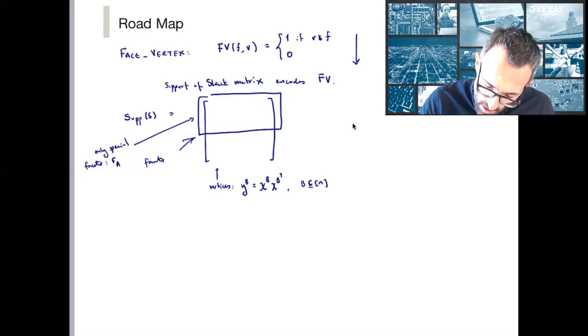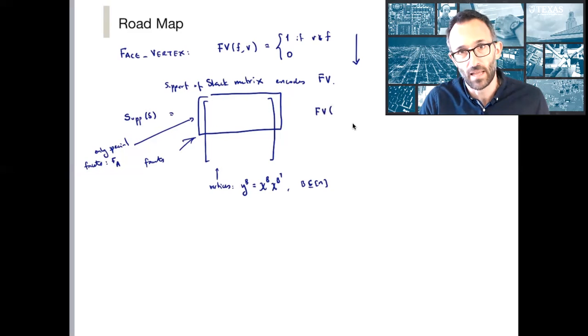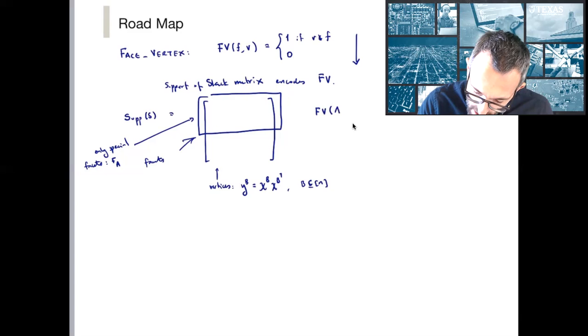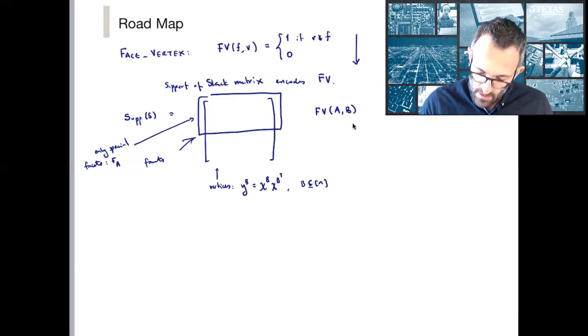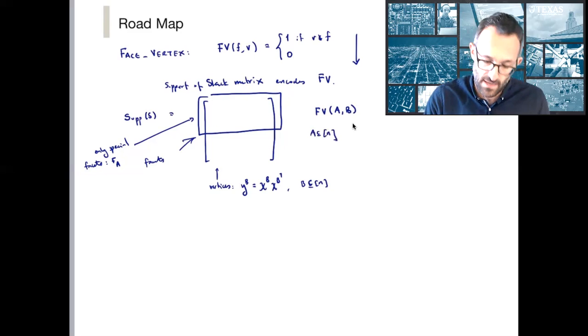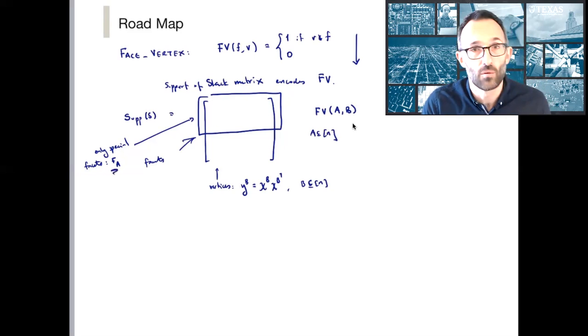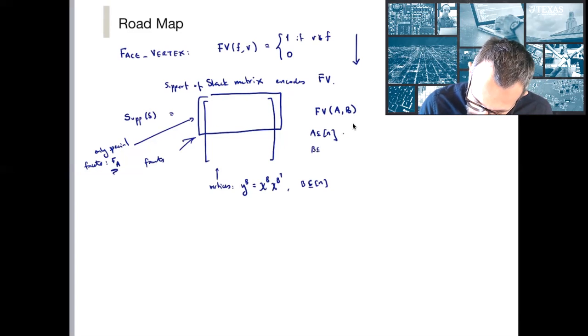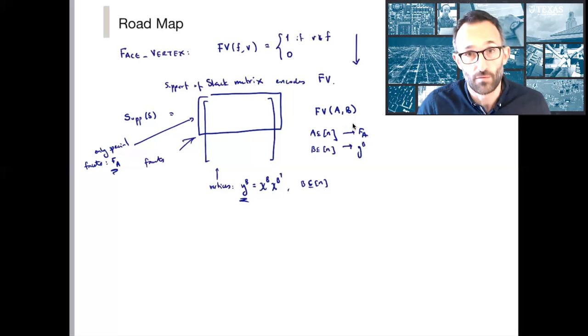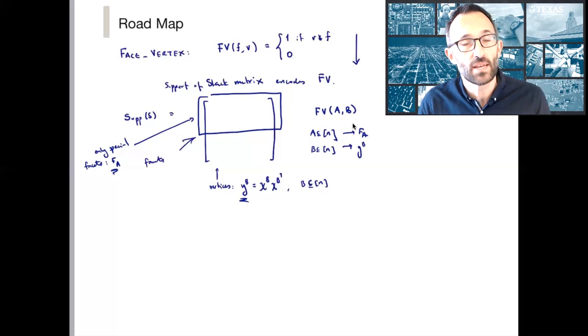And that means that from now on, as mentioned at the end of the last lecture, we're not going to be talking about FV of little f, little v, but rather FV of A, B, since for any subset A of 1 to n, we can identify that with one of those special facets, F_A, and for any subset B of 1 to n, again, I associate that with the vertex Y_B. Okay, so now we have an easier problem.